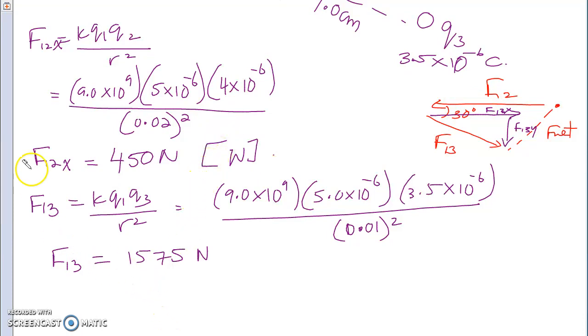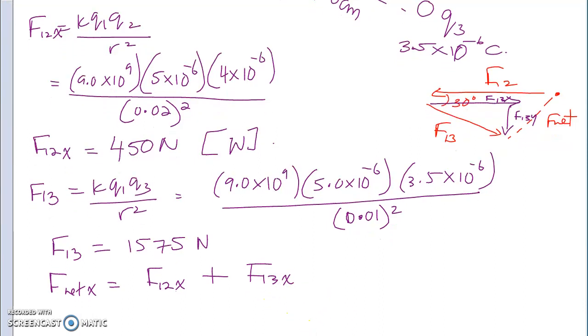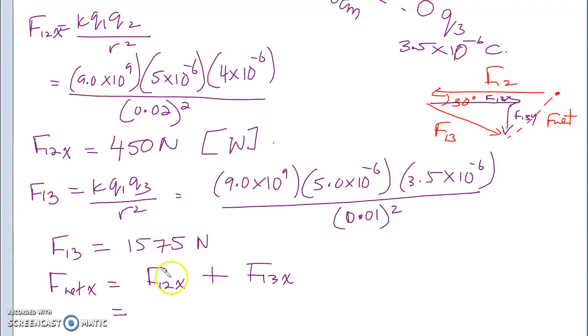So when I'm doing my x and y components, my F net x is going to be made up of F12x plus F13x. So far so good? Okay. Well, F12x we've already calculated. So F12x right here is 450 newtons, and that is going west. F13x is going to be 1575 newtons, and that is going to be cos of 30, and that is going to be going east.